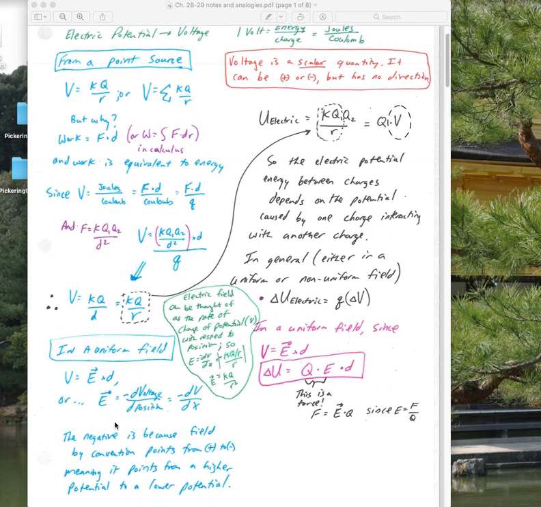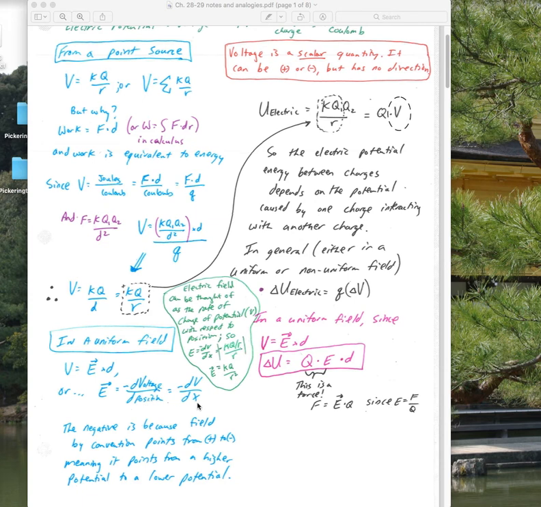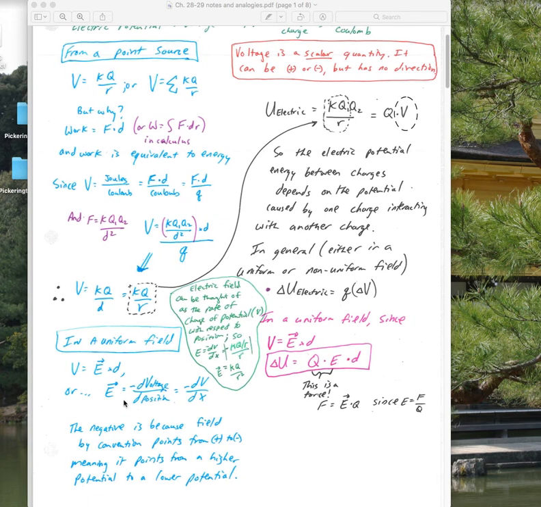Now the symbols on your formula sheet may be a little bit different than this. They use S's sometimes instead of X's. So again, voltage is equal to electric field strength multiplied by distance, or rearranged, change in voltage over change in position is equal to electric field strength.